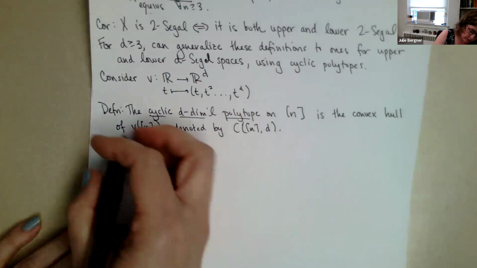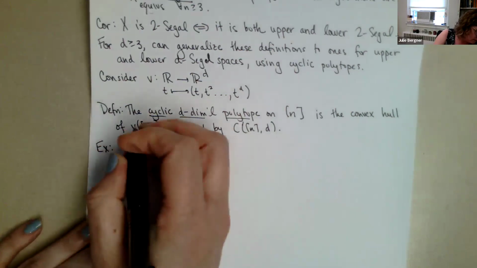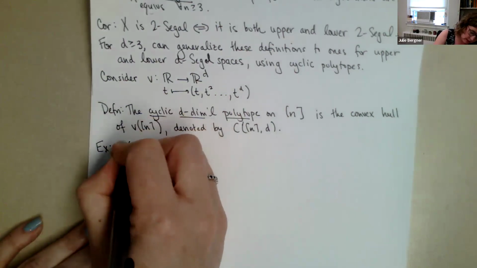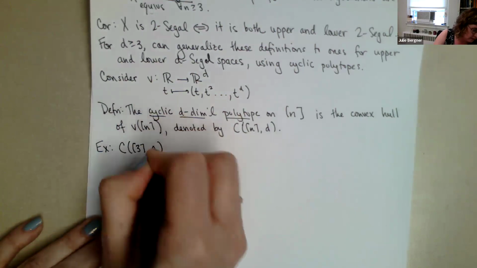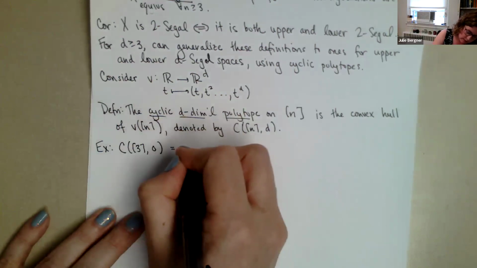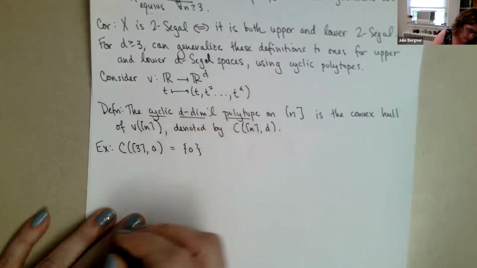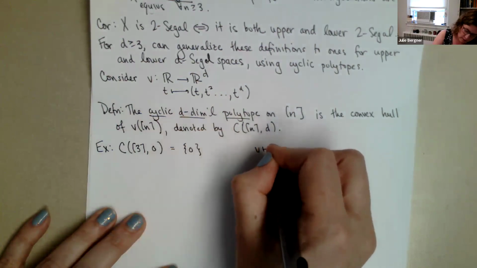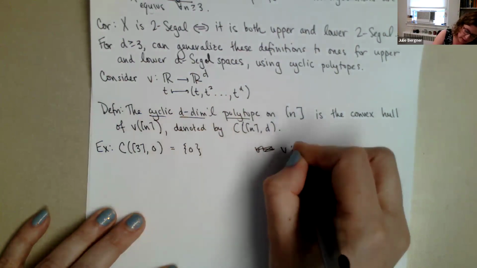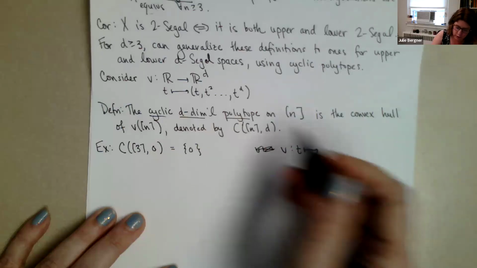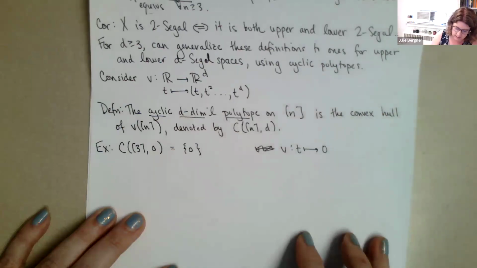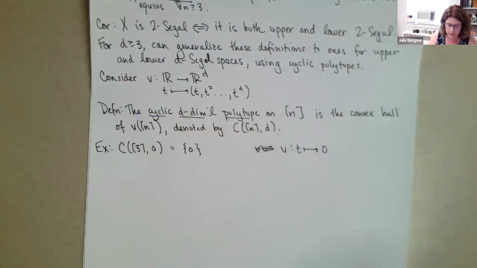Okay, so a few examples. If we do C(3, 0), this is just the singleton 0, because the map V sends, well, there are no coordinates here, so this just goes to 0 in the single point R^0.